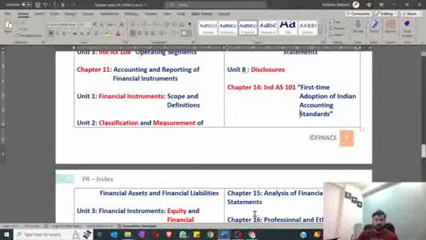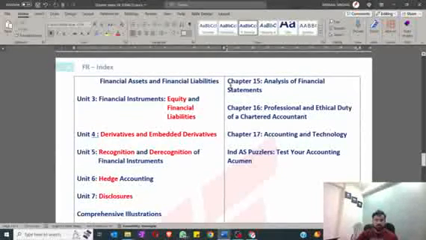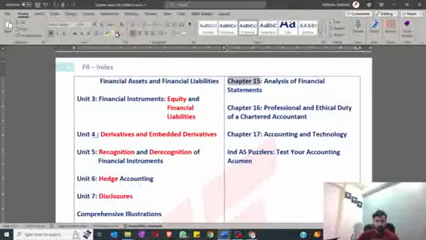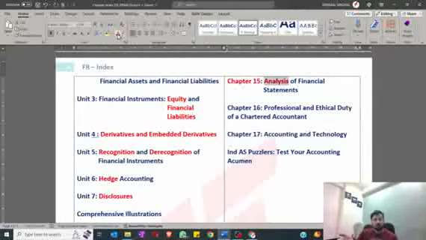The next chapter in module 4 is chapter 15, which talks about analysis of financial statements. Analysis tells us the results of the efforts put in the business from its past.